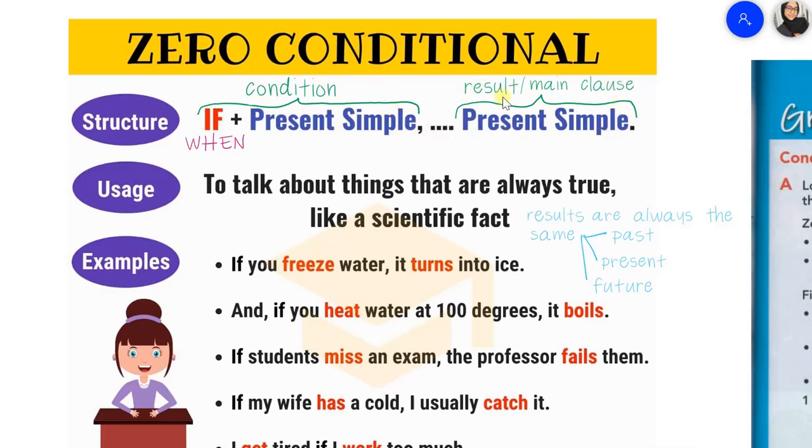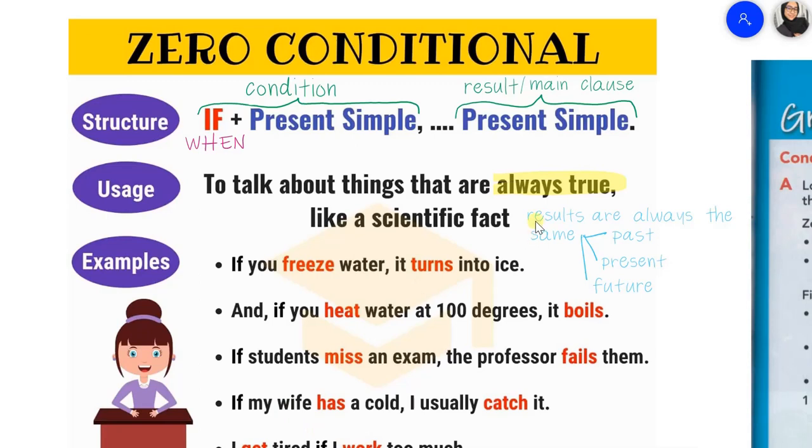All right. Next, let's talk about when do we use the zero conditional. We use zero conditional to talk about things that are always true, like a scientific fact. So this is the keyword. Always true. So what does it mean by always true?